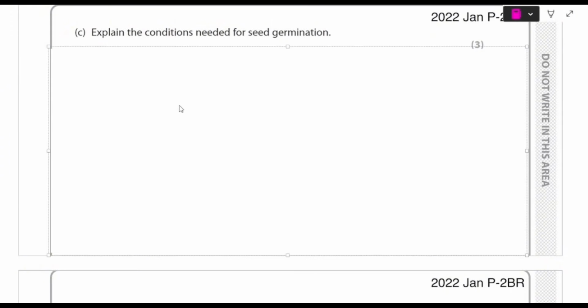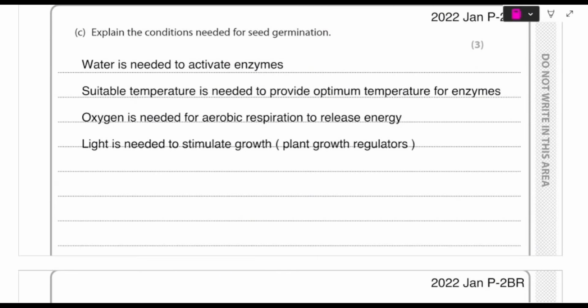We need water to activate the enzymes, for enzyme activity such as chemical reactions. Then we need an optimum temperature to provide the enzymes their optimum activity so they can carry out their functions more quickly. Then oxygen is needed for aerobic respiration so we can get the energy, and light is needed to stimulate growth through the growth hormone.